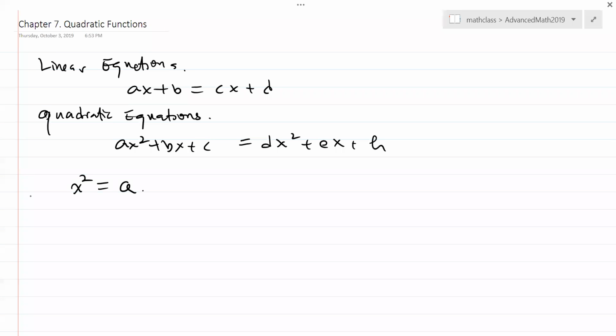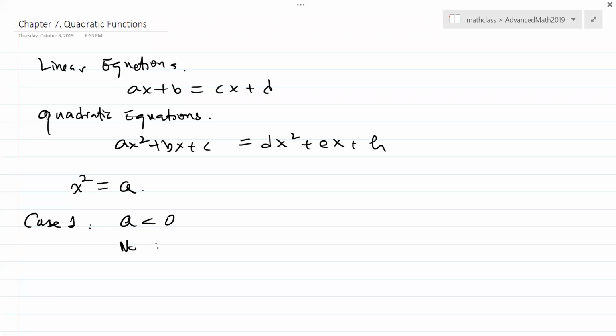We are given this. You are looking for x such that x squared equals a. Now, how do you solve it? There are two cases here, because x squared is never negative, right? It could be zero, because zero squared is zero. So the first case is if a is negative, then there's no solution.